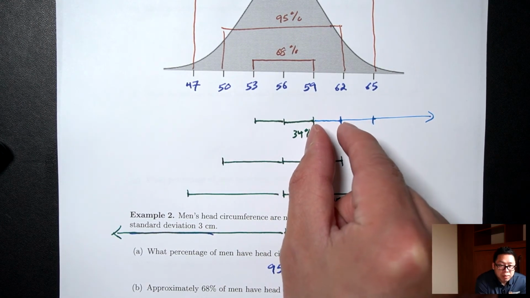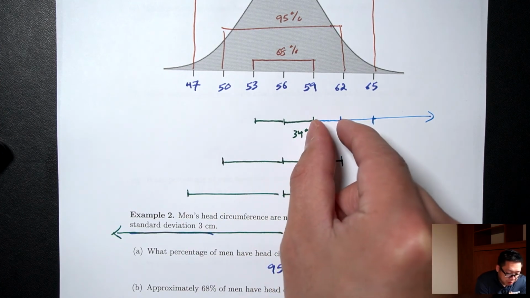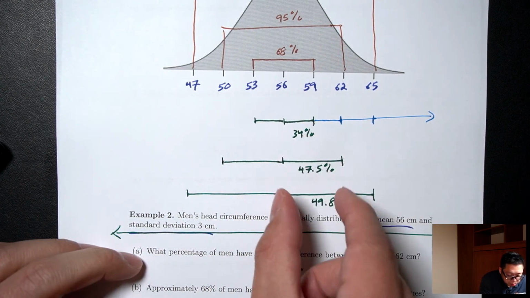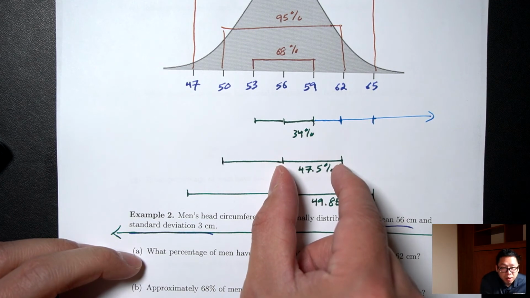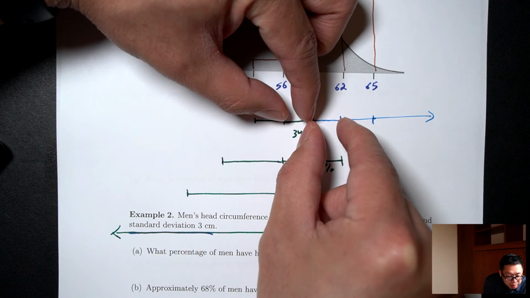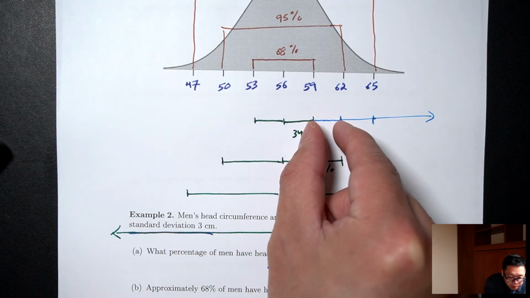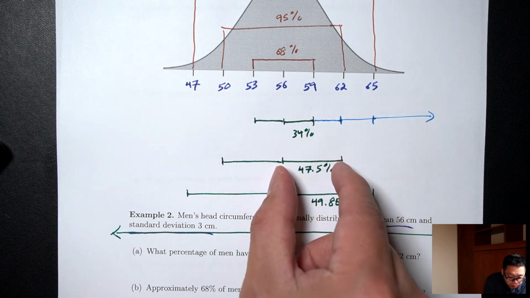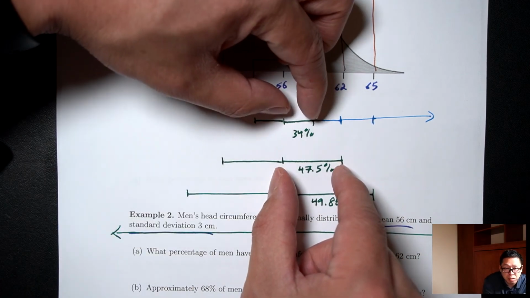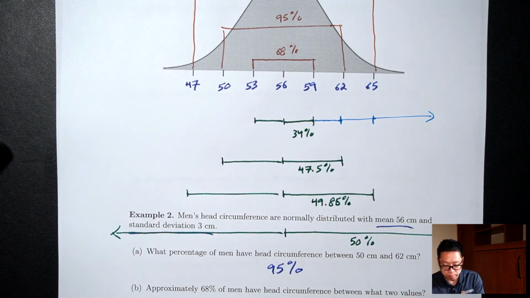How would I get this piece? Notice that this piece, I can just go take this piece, 47.5. If I subtract off this piece, that should give me that piece. So this piece here, between 59 and 62, should be 47.5% minus the 34. Okay, subtract those. 47.5 minus 34.